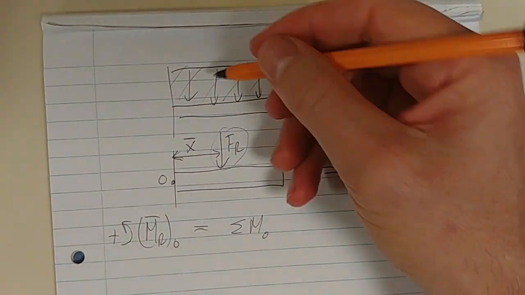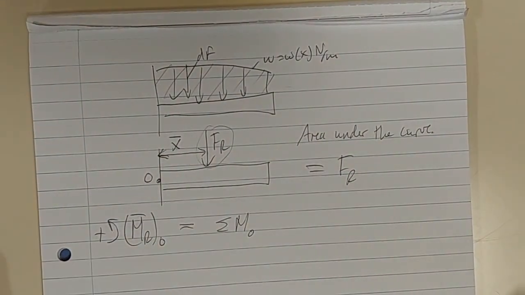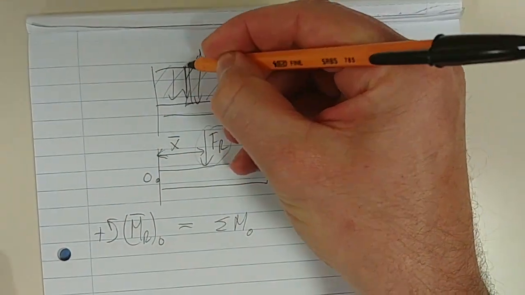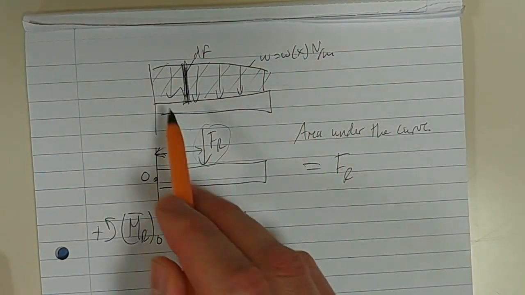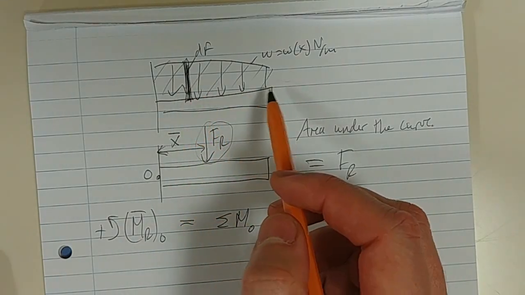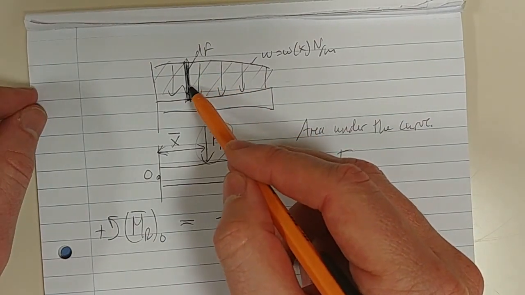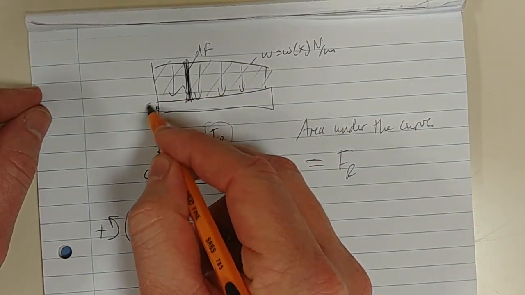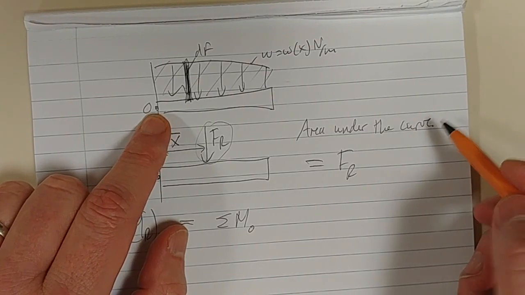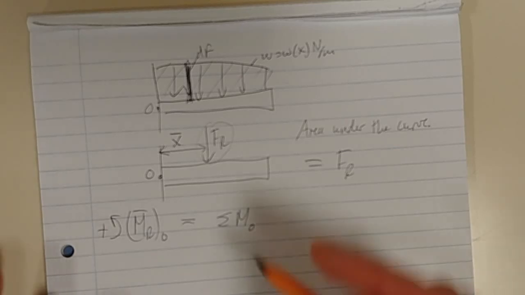Well, it's exactly the same with a distributed load. Here, we're going to have an infinite amount of dFs acting on a differential element. So we've got an infinite amount of differential forces acting on this beam, and each of those differential forces is causing a moment about point O. Obviously not a force acting through point O, but you get the point.